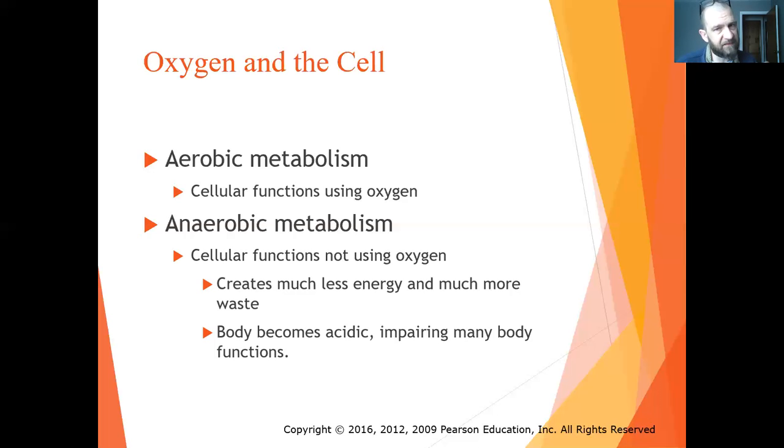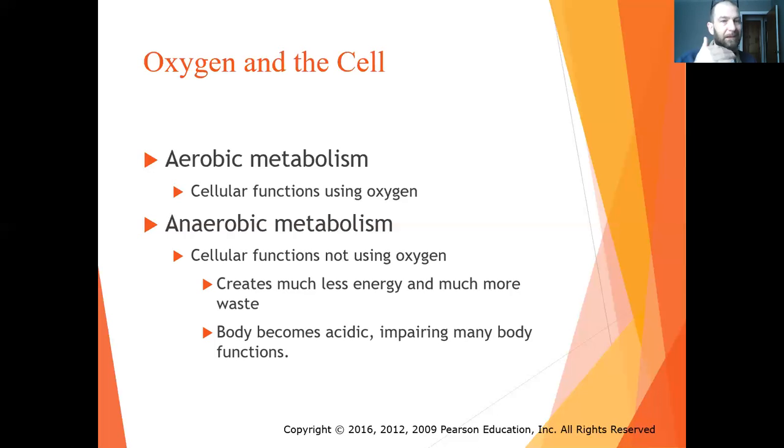And so the more acidic the blood gets, the more carbon dioxide, the more lactic acid that's released from the cell, the less oxygen your body is carrying. The red blood cells just hate that environment, and they can't do their job well.